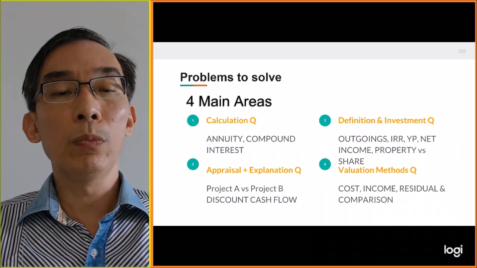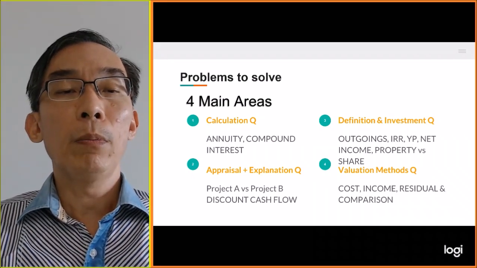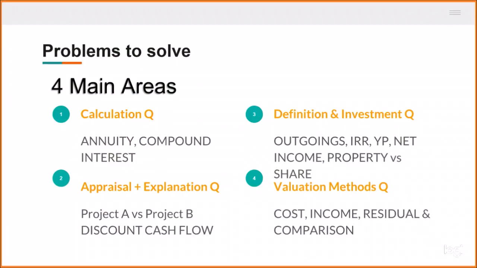Let us move on. This one I want to blow up big because it is important. The problems asked in this subject fall into four main areas. Areas 1 and 2 are calculation based.